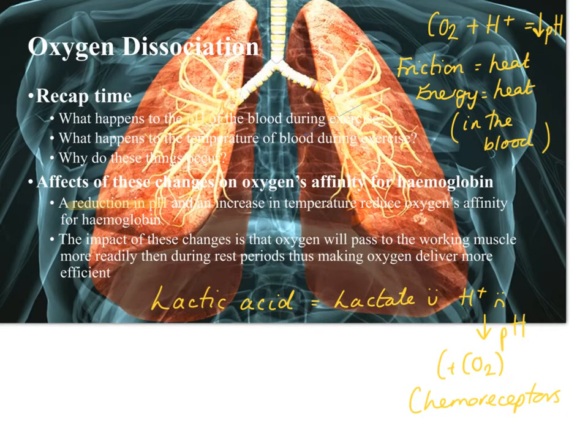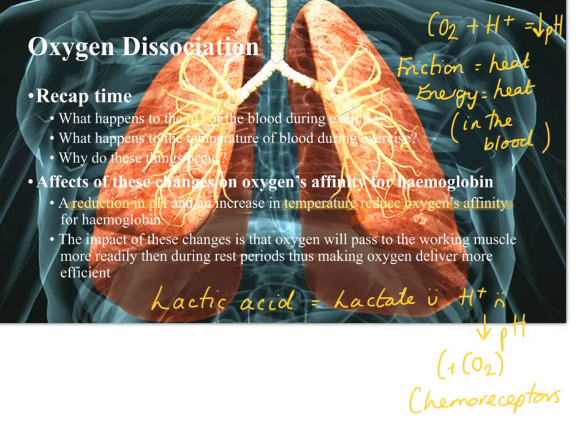But what does this reduction in pH, and temperature, do to oxygen's affinity for hemoglobin? Well, it means that when the pH reduces and the temperature increases, oxygen likes hemoglobin just a little bit less.